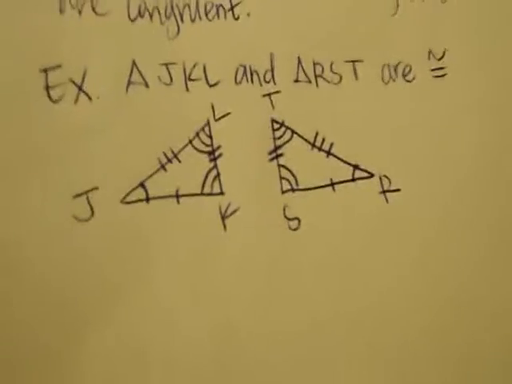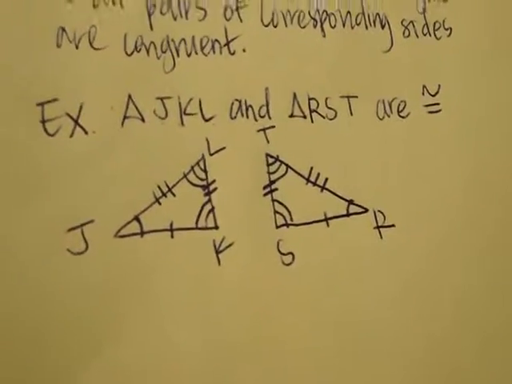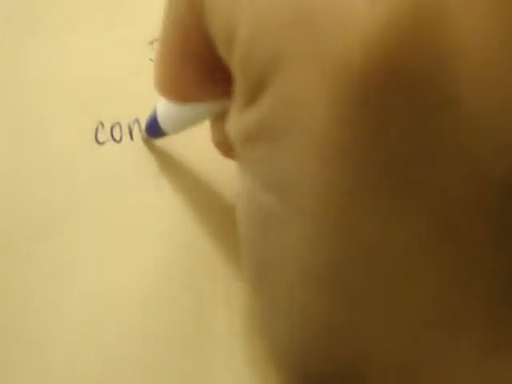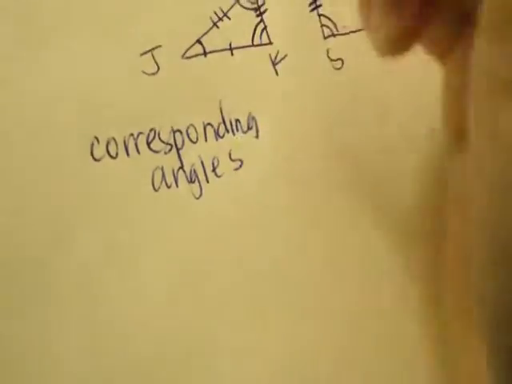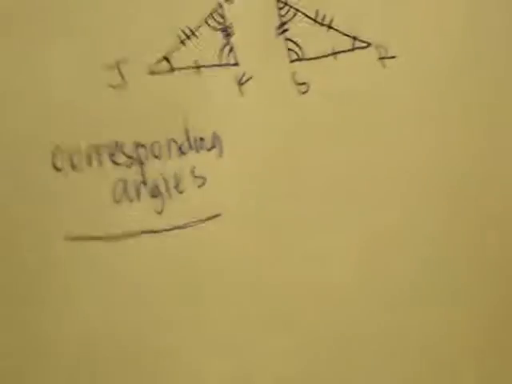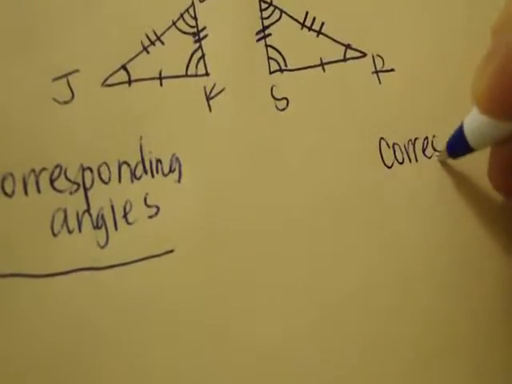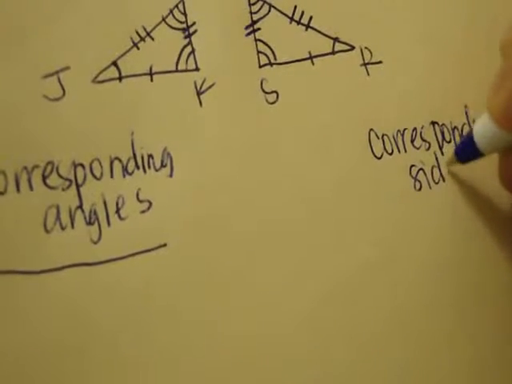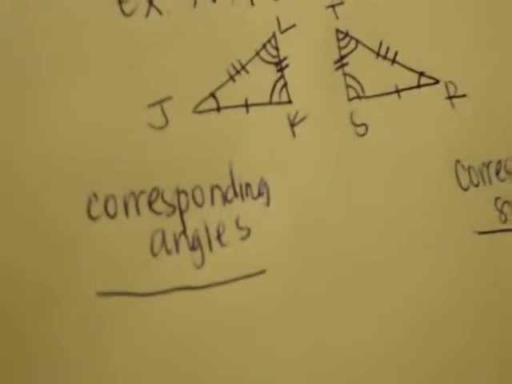Now, let's go ahead and list our corresponding angles and our corresponding sides. Okay. So I'm going to make a column right here for corresponding angles. And I'm going to make a column right here that says corresponding sides. And let's go ahead and do the angles first.